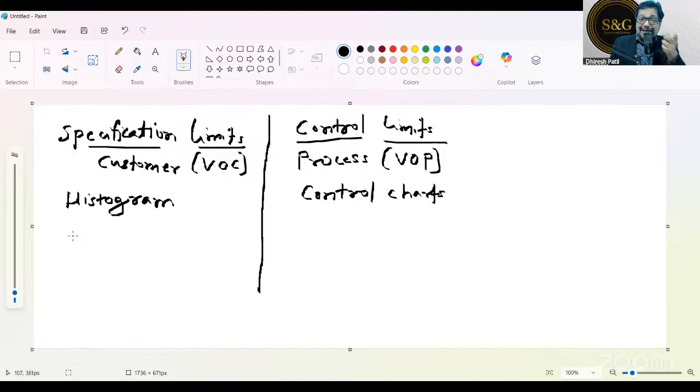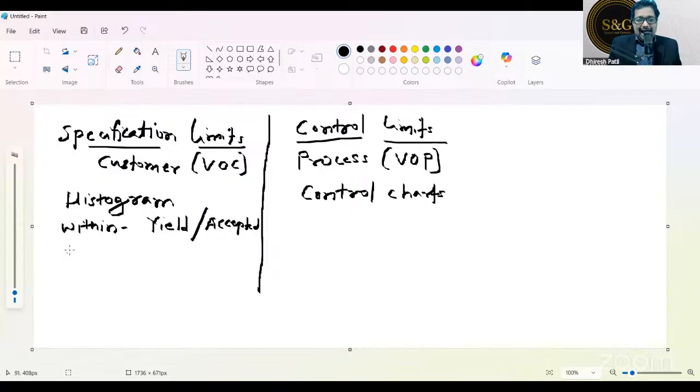Anything within the specification limit, it's called as what? Now listen very carefully. Anything within specification limit, it's called yield or accepted product.